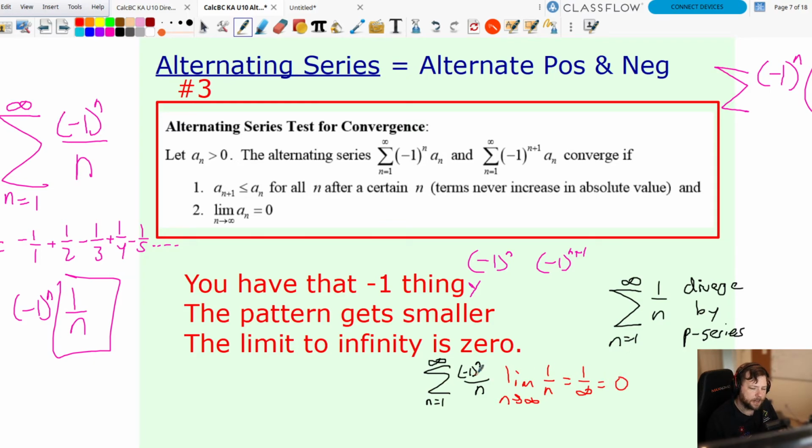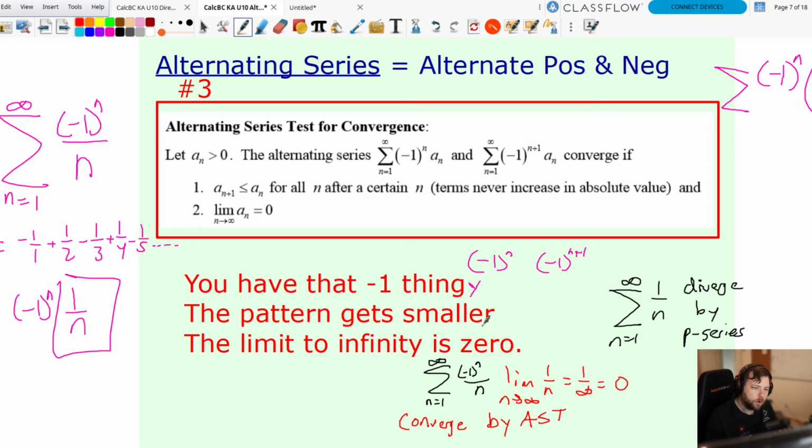Since we are alternating, and since this 1 over n gets smaller, going down to 1 over infinity, and the limit goes to 0, this one converges by the alternating series test. We can abbreviate it as AST.